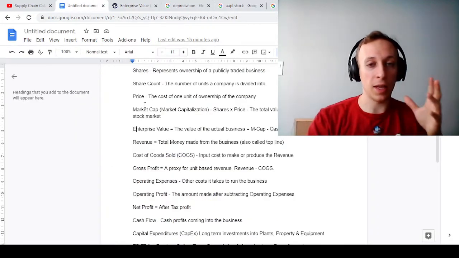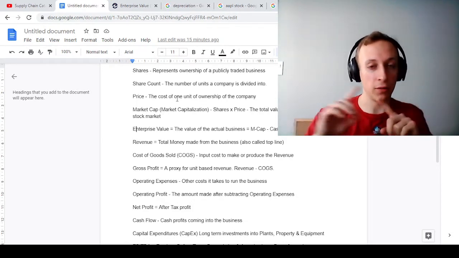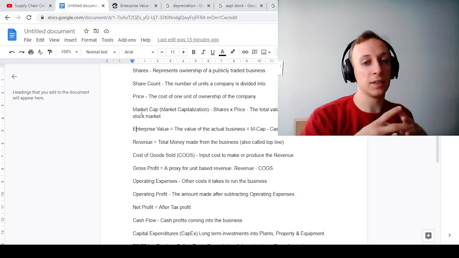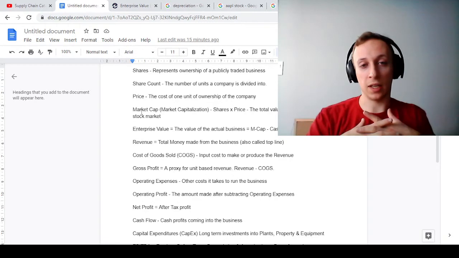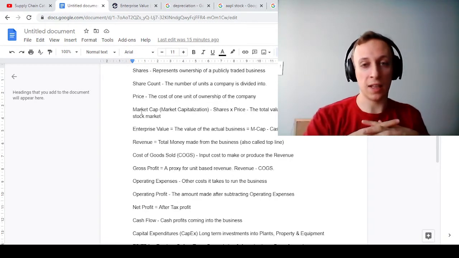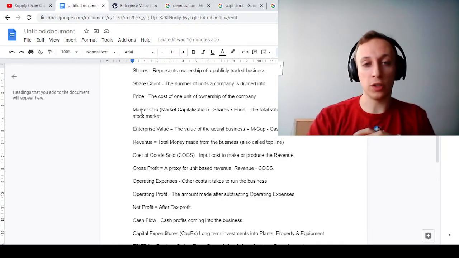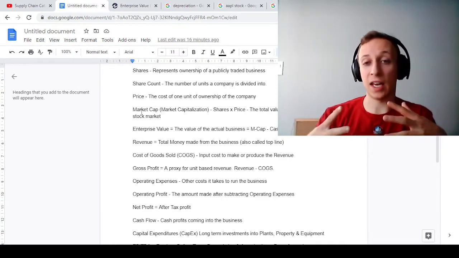So again, talking about the lemonade stand, this is if it was publicly traded, what would be the price of 1 unit of ownership? One of those 10 slices in the lemonade stand example. Market cap. So market cap is the number of shares outstanding, how many shares there are, so 10 in this case, times the price. Let's say the price at the time is worth $1 each, then the market cap of your company is $10.